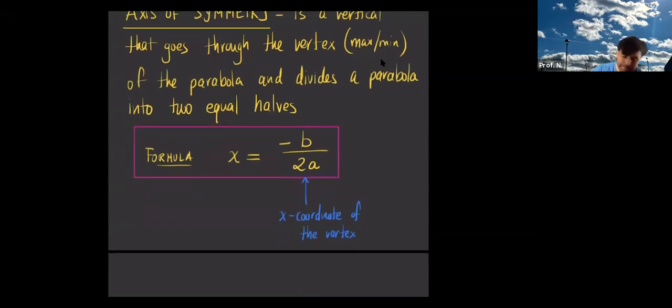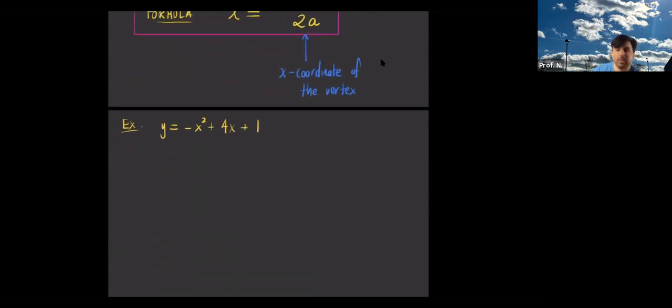So an example. An example would be y equals negative x squared plus 4x plus 1. Okay? So I have an example of a parabola. Who can tell me, does this open upward or downward? Just by looking at it, without even having to graph it. What do I know?